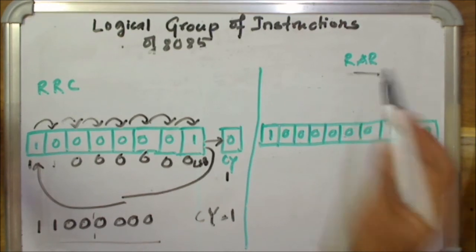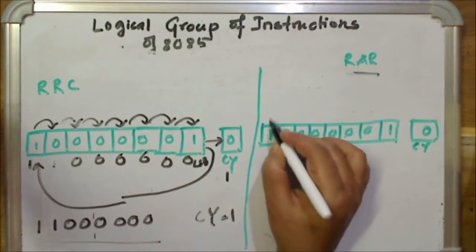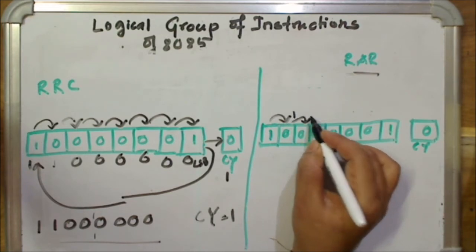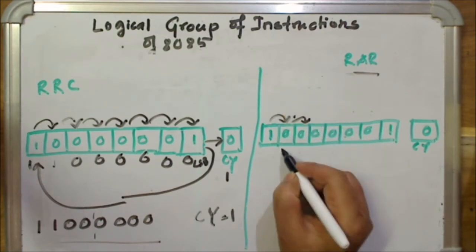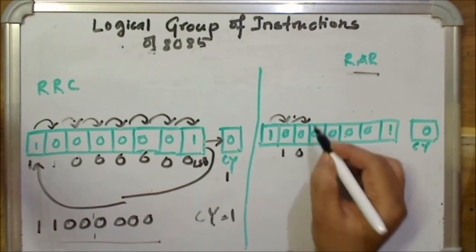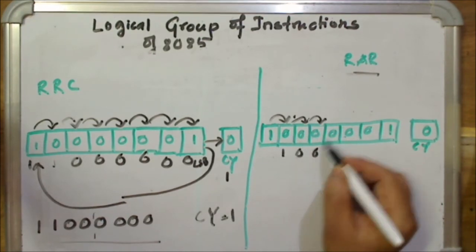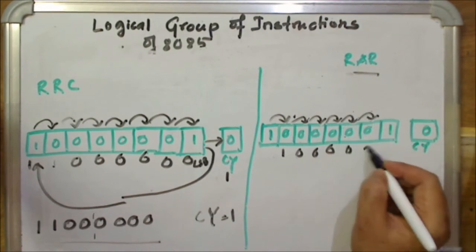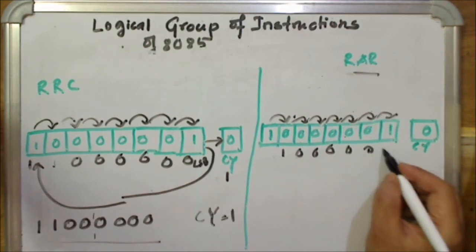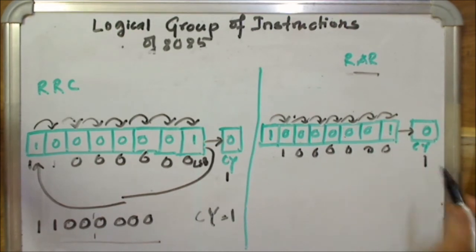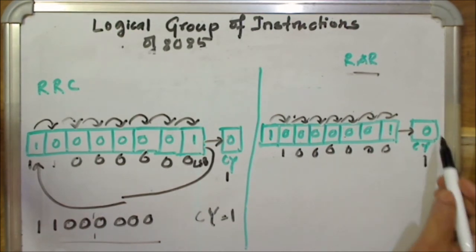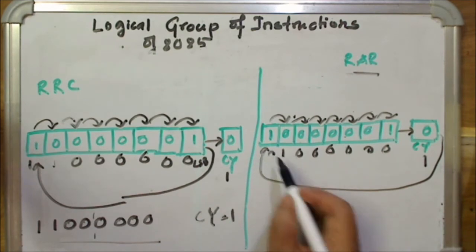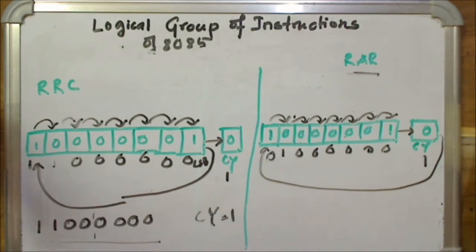Now I apply RAR. So what will happen? This bit will go here 1, this bit will go here 0, this bit will go here 0, this bit will go here 0, this bit will go here 0, this bit will go here 0, this bit will go here 0, this one will go here 1, and then the carry will go here and it will become 0.